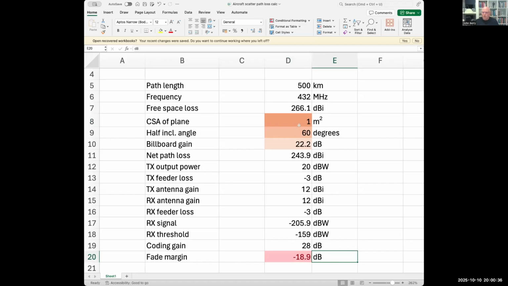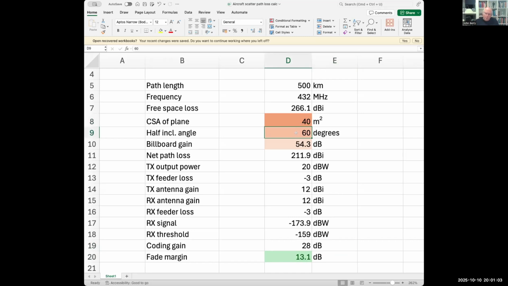And if I go to something like a stealth jet, 0.001, no chance. You can see there the fade margin is negative 70, negative near enough 80. That's absurd. So we need a big plane. We need a big plane, something like a 747 or an A380 or whatever.